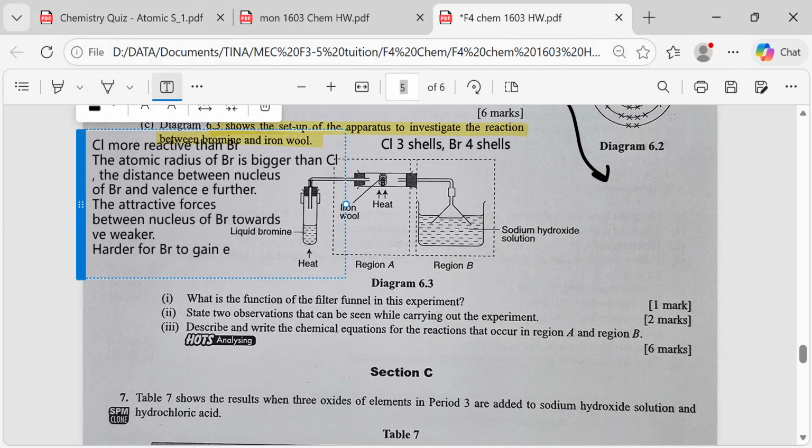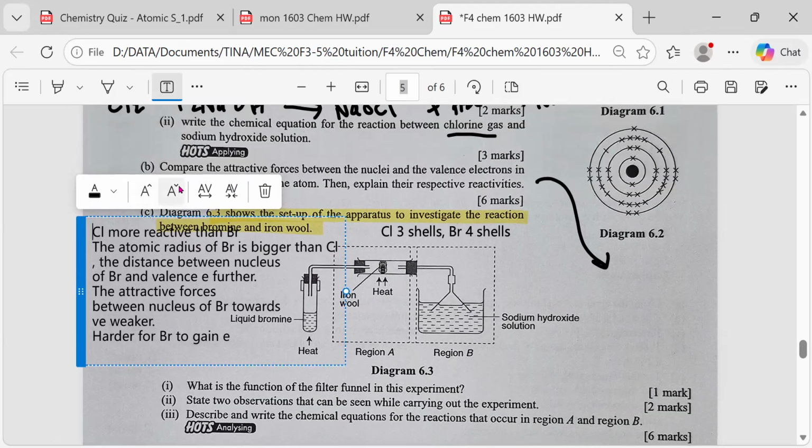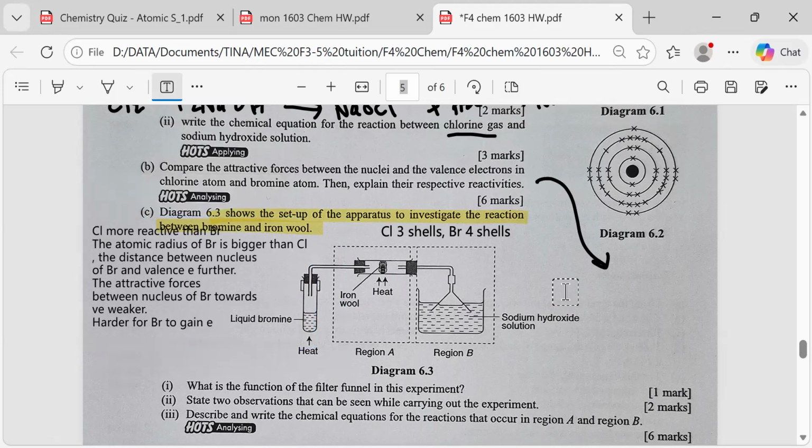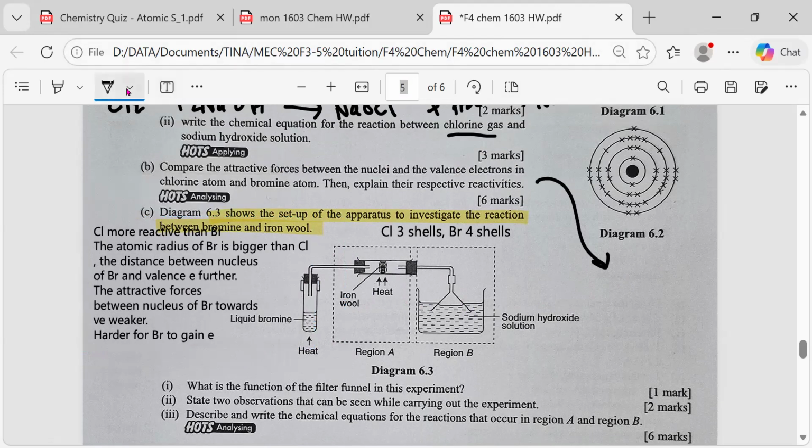Bromine and iron. If there's any extra gas, do I want the gas to go out anywhere? Is bromine gas safe or not safe? Not safe. So bromine gas is not safe.